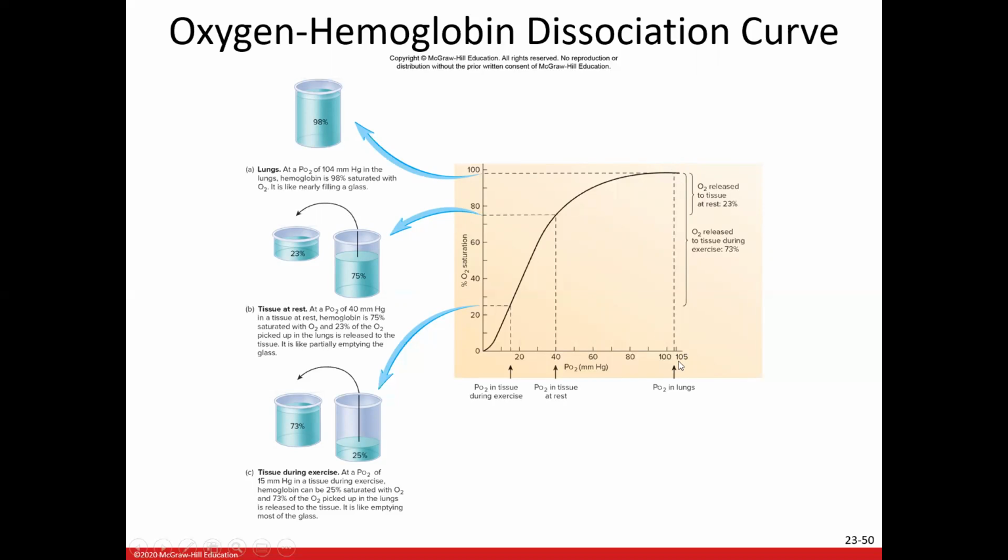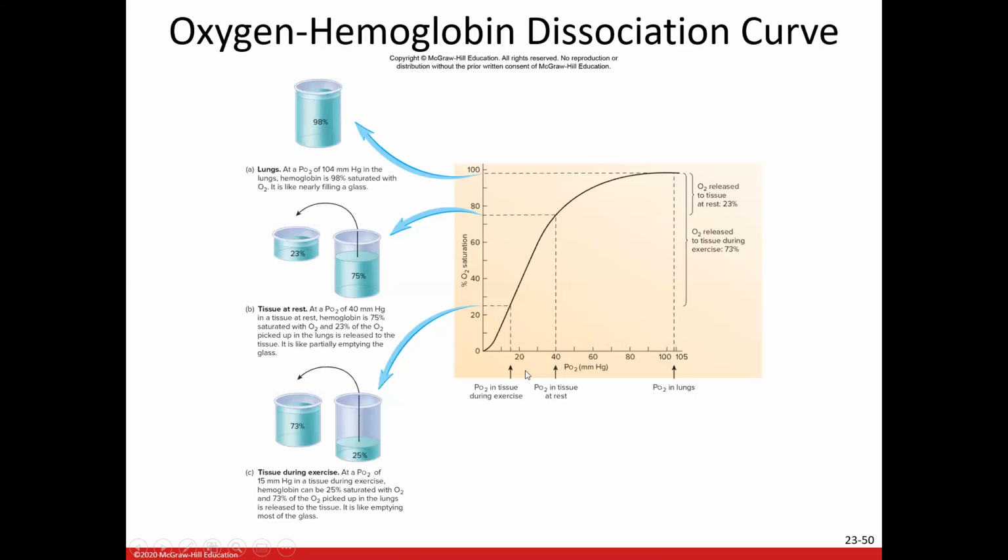Then as we decrease the partial pressure to the partial pressure of oxygen in the tissues at rest, so while not under any sort of physical strain, partial pressure is now roughly 40. So from 98% to roughly 75%, we have 23% of the bound oxygen get released, because we have to get oxygen from our lungs to our tissues.